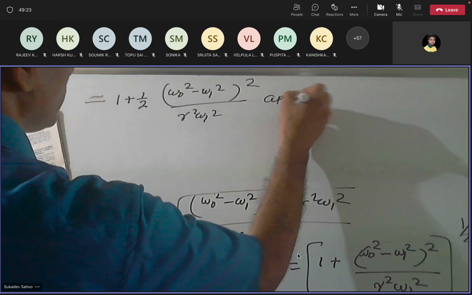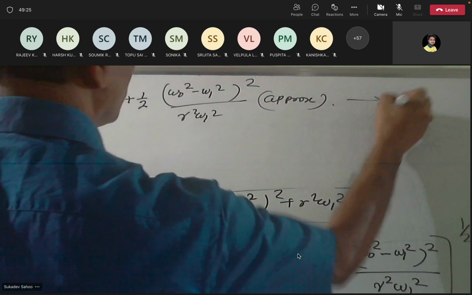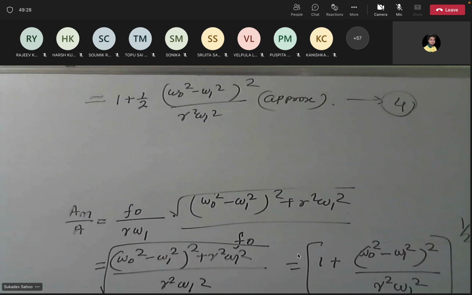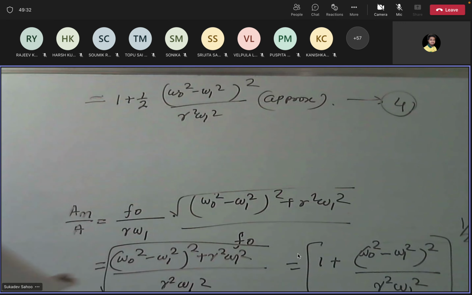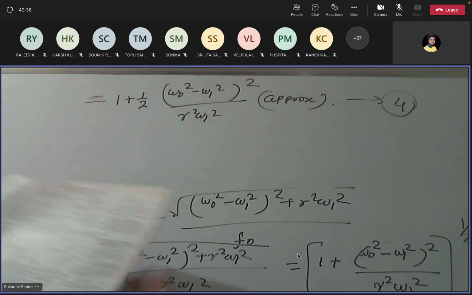This is the approximation. So you will see that sharpness of resonance varies inversely as the square of the damping.